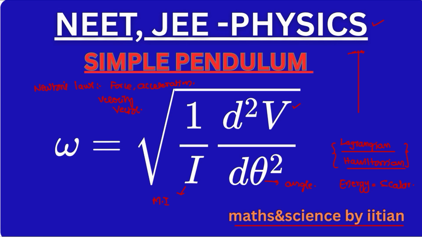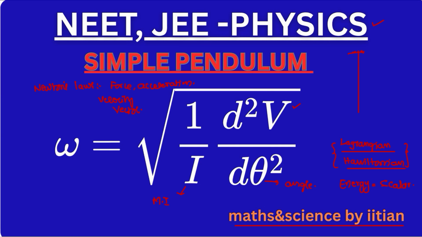There is a variation of the energy from potential to kinetic, kinetic to potential. How it varies, and when it varies, how to find out the angular frequency. I will give the brief only, I will not derive all the equations, so that you will get the feel of angular frequency when potential is known.